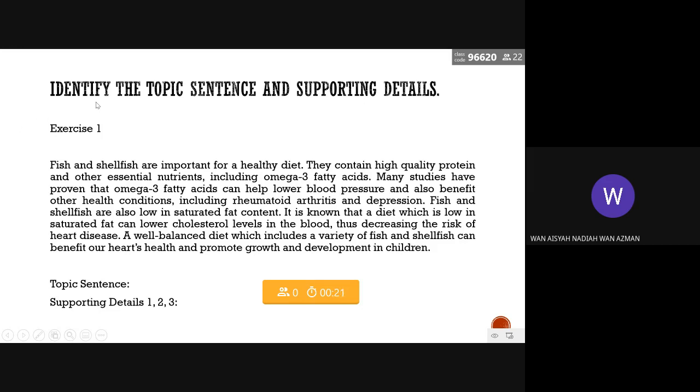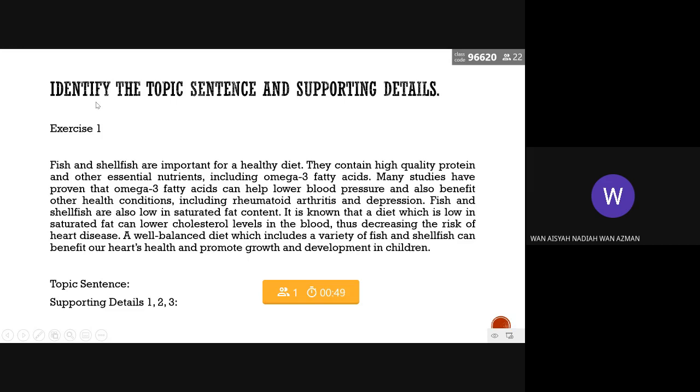Remember, for the topic sentence and the supporting details, they must be in the form of full sentences, not phrases.